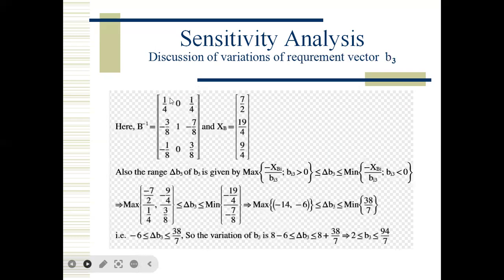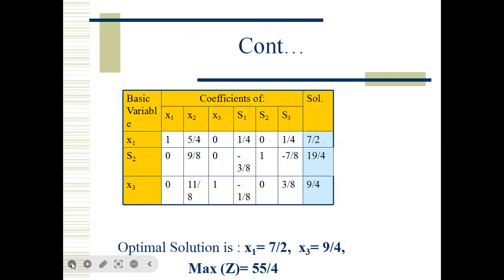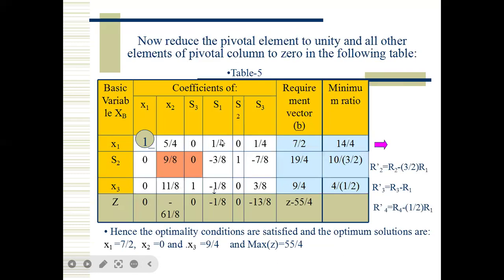Now we will discuss the variations of the requirement vector, the third requirement vector B3. You must know the B inverse. B inverse is actually this one: minus 1 by 4, 0, 1 by 4, minus 3 by 8, 1, minus 7 by 8, minus 1 by 8, 0, 3 by 8.